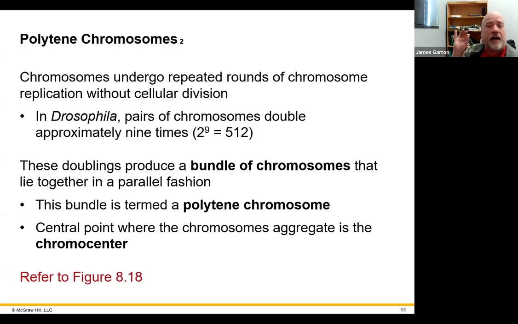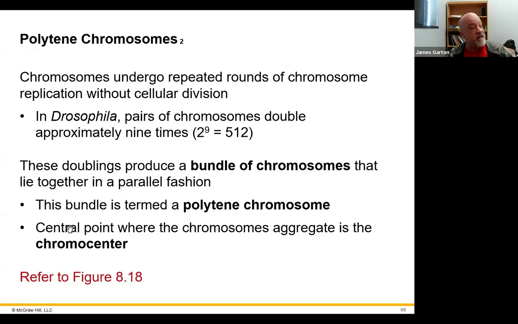And in fruit flies, chromosomes might double 9 times. And those doublings produce a big bundle of chromosomes that you can see. That big bundle is called a polytene chromosome.